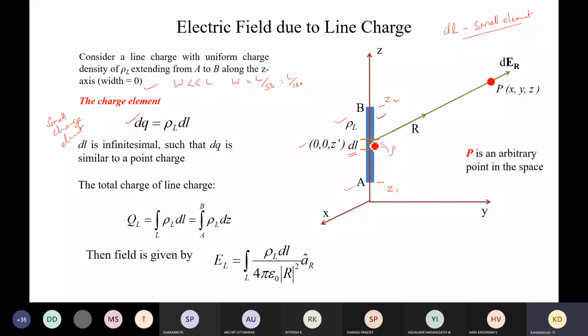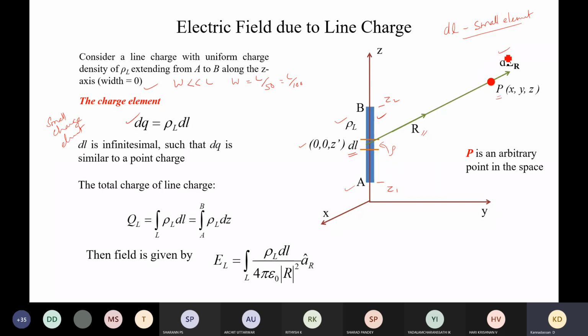If we can calculate the electric field due to this dl at a distant point, at a distance of r, at an arbitrary location P(x, y, z), then by changing this x, y, z in any direction around the line, we can easily calculate the total electric field.